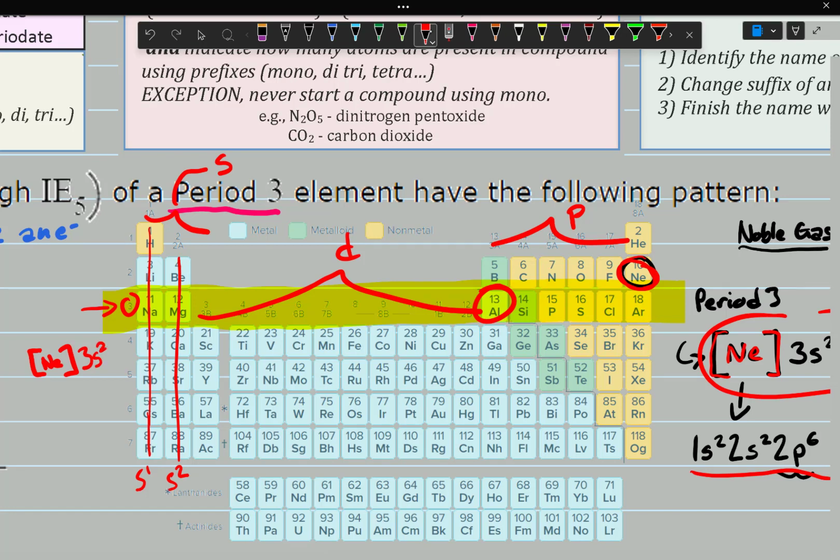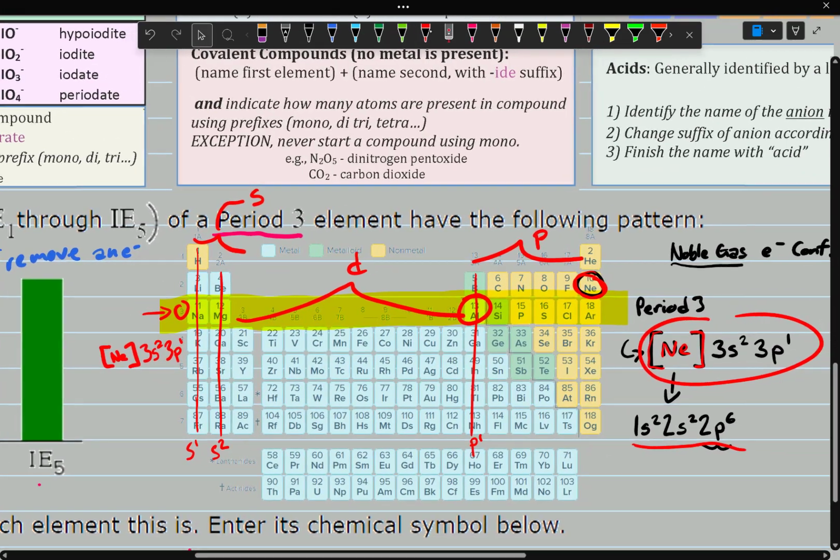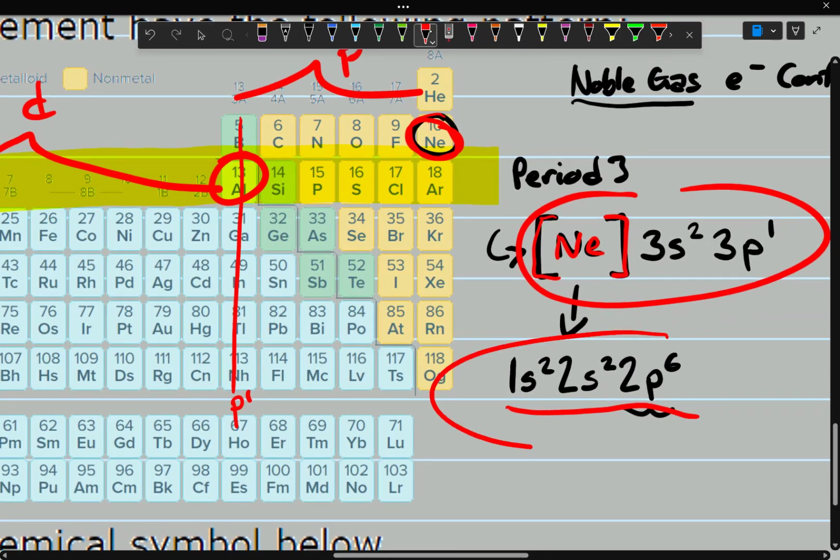So this is 3s2, and then 3p1. These are all the p1s, and that's a little trick you can use to write the noble gas configuration very quickly without having to write out the entire electron configuration for the noble gas beforehand.